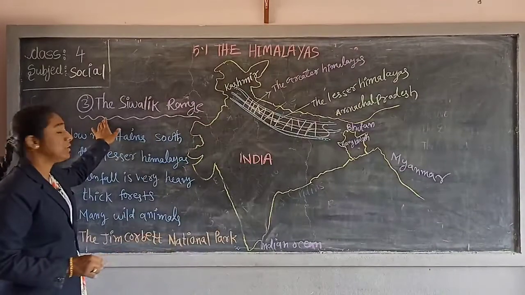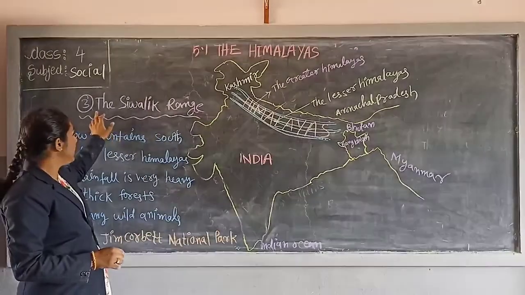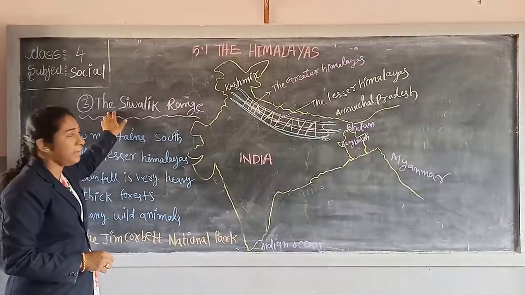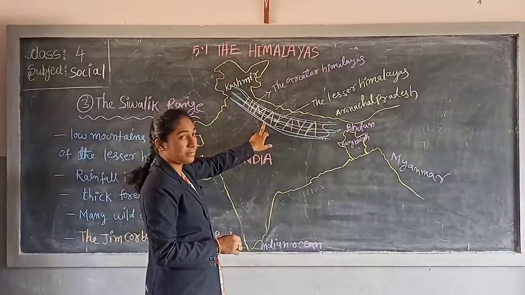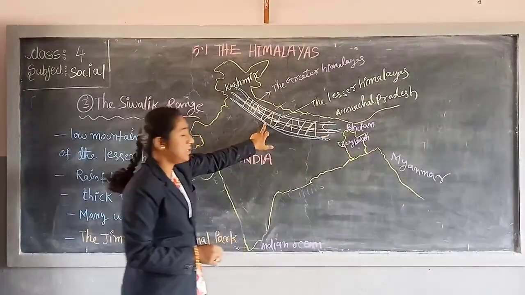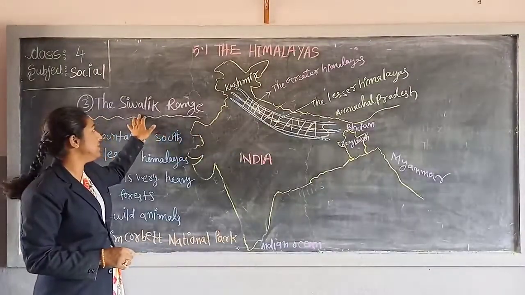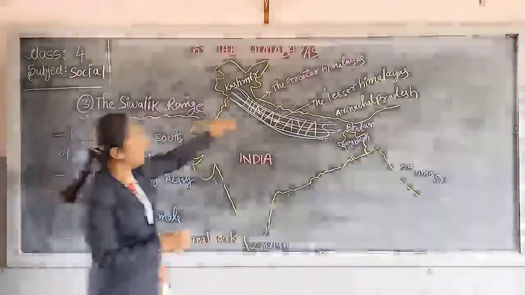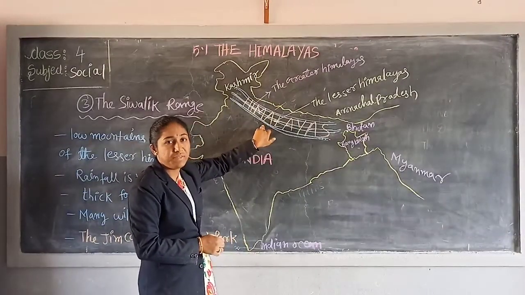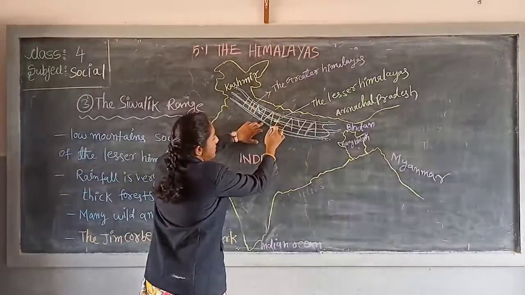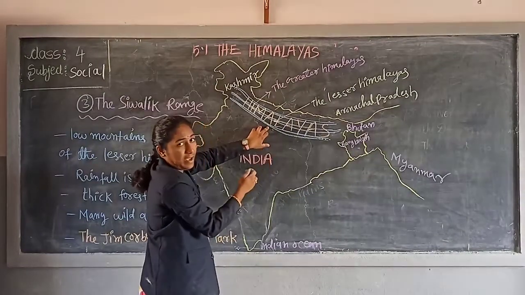What is the third parallel range? The Siwalik range. This third parallel range, the Siwalik range, lies to the south of the Lesser Himalayas.